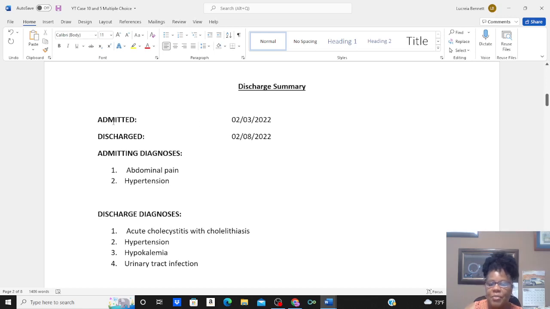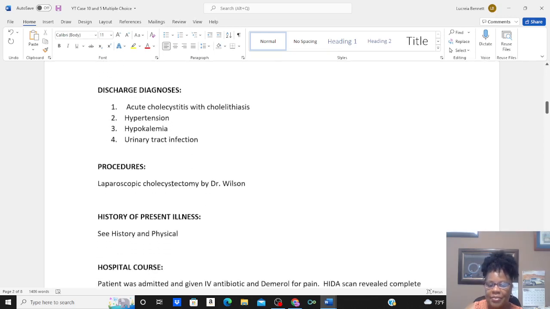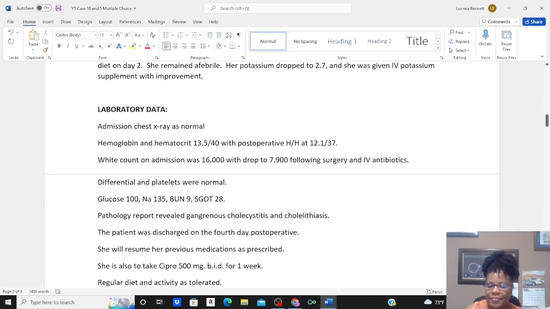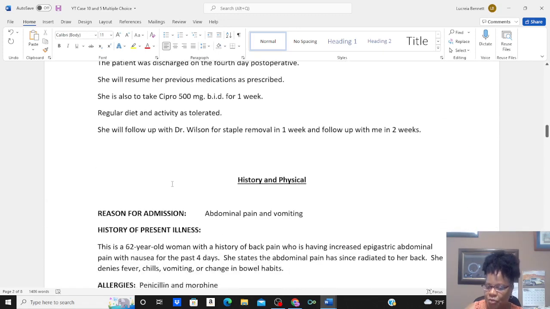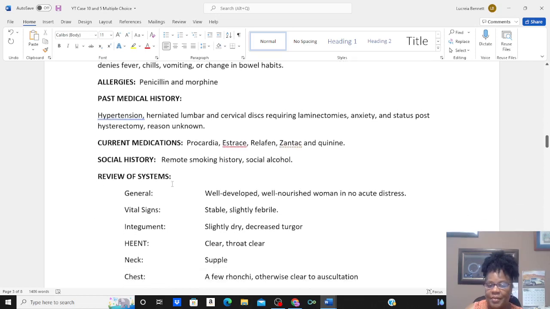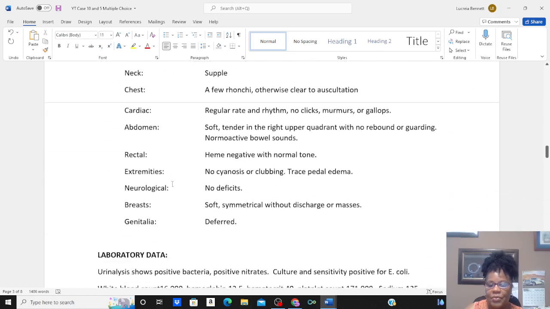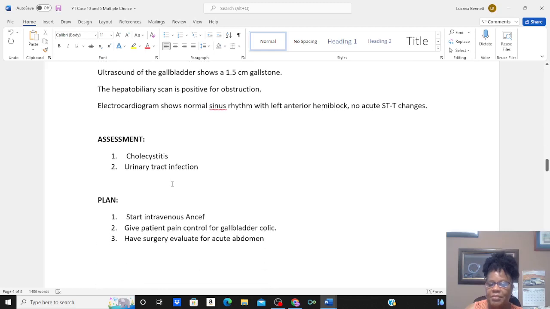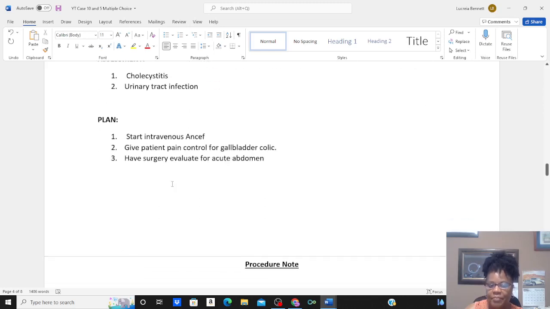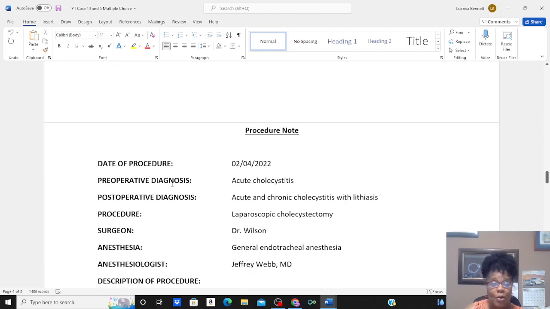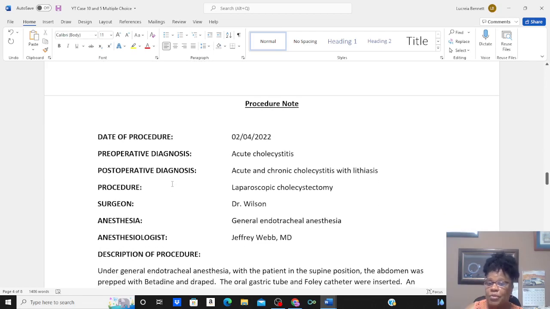So in discharge summary, you have your admission and discharge date. It's a summary of the hospital stay. History and physical is done on the day of admission, so this should be the first report you see. There's your lab data, assessment, plan. This could be procedure note or operative note, however you refer to it at your facility.